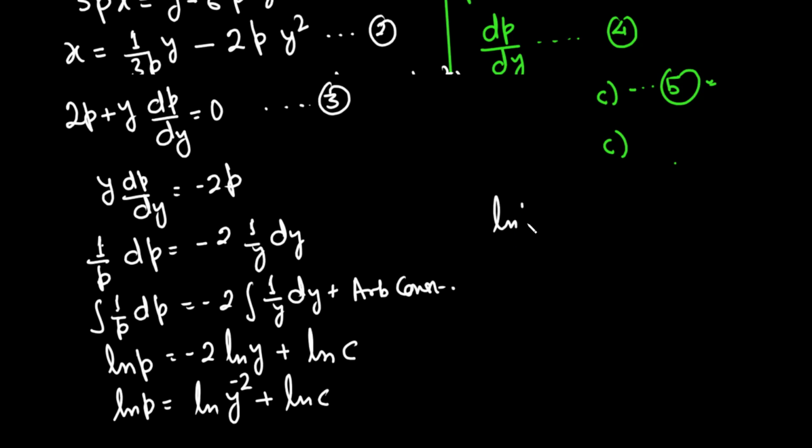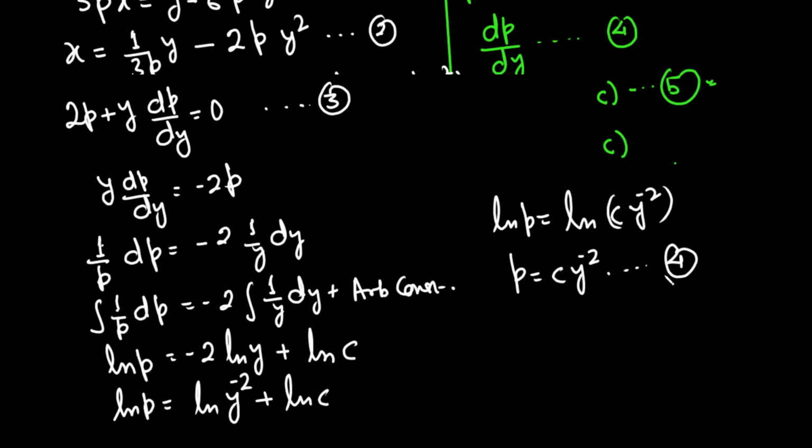And log m plus log n is log of m into n, so this is log of c y raised to the power minus 2. Taking anti-log, p equals c y raised to the power minus 2. And this is our equation number 4.